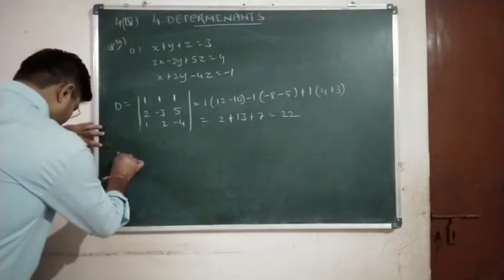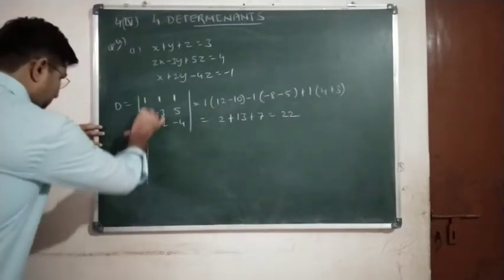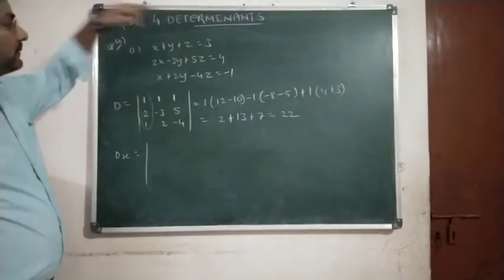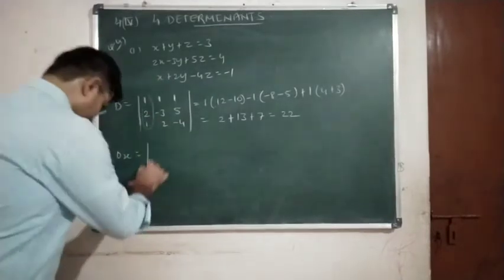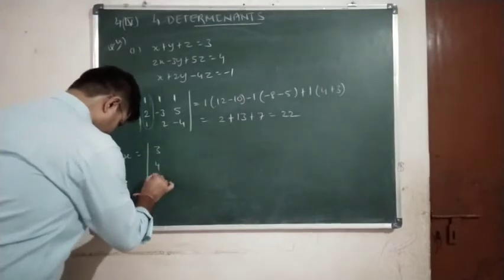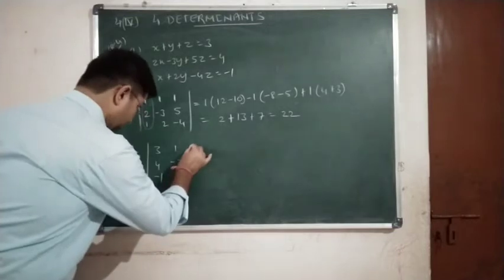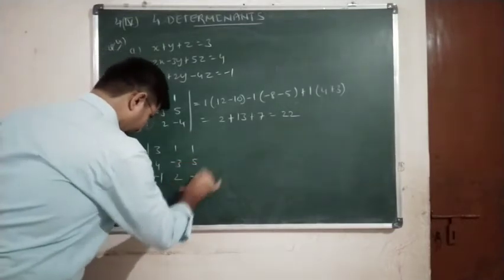Okay, now let us find out dx. In dx what shall we do? We will replace the first column by the constants 3, 4, minus 1, with the columns 1, minus 3, 2 and 1, 5, minus 4.